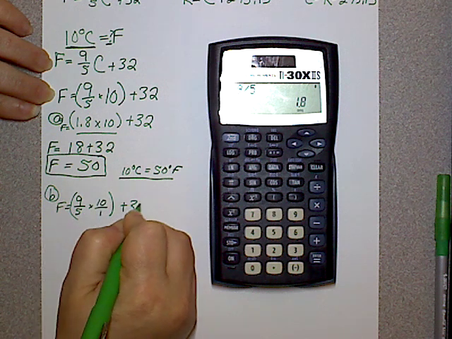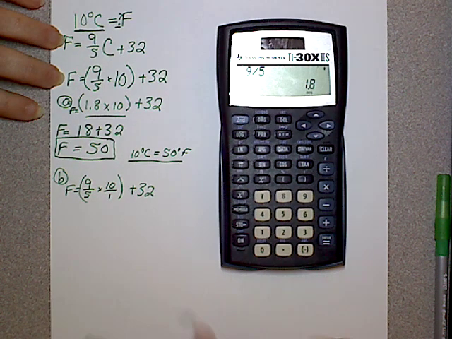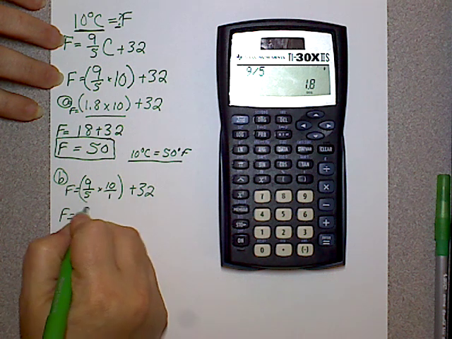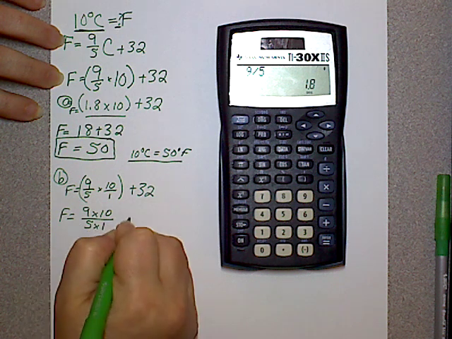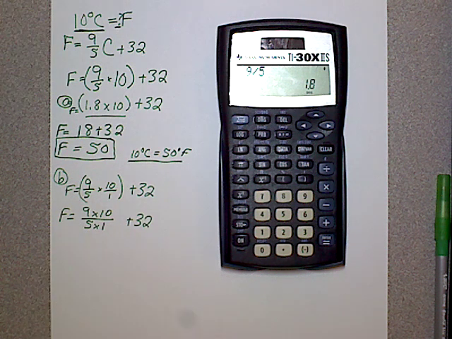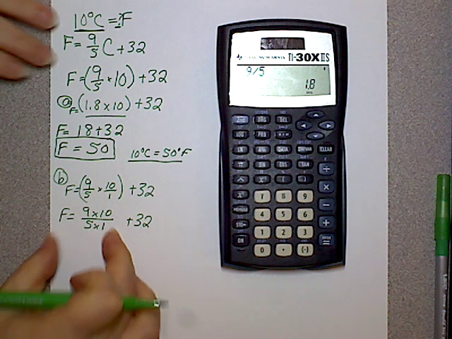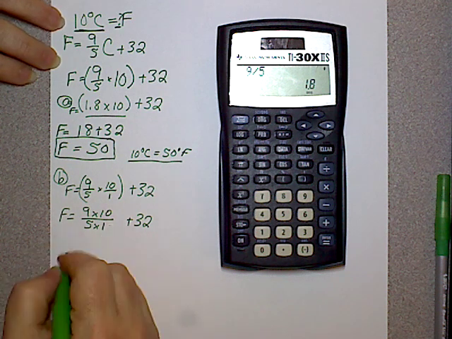Still in parentheses to remind you to do that first. F equals, multiply across the top and across the bottom. 9 times 10 over 5 times 1 plus 32. I can lose the parentheses now because I've combined this into 1.